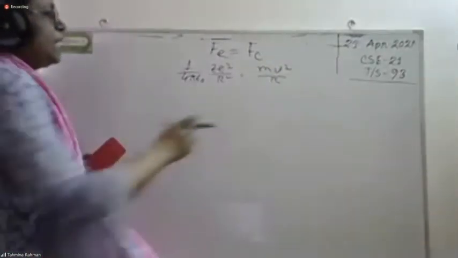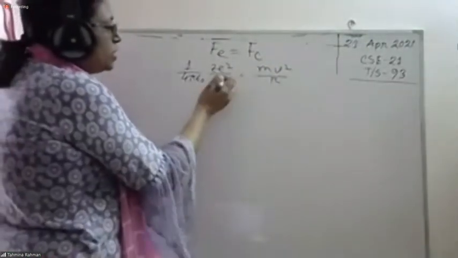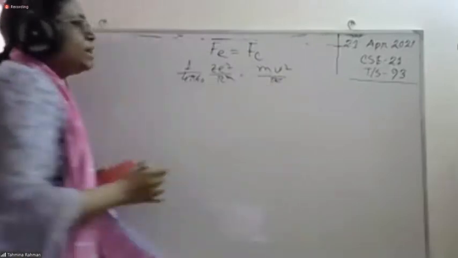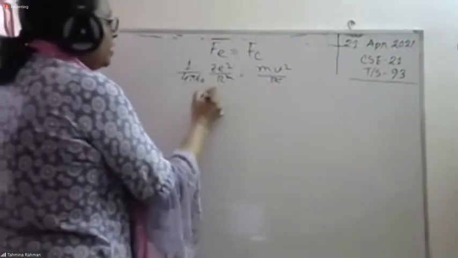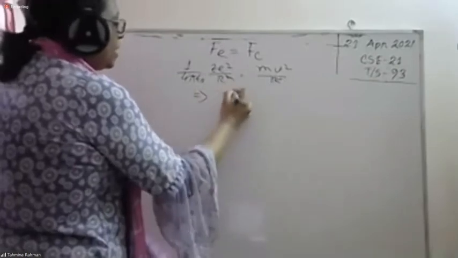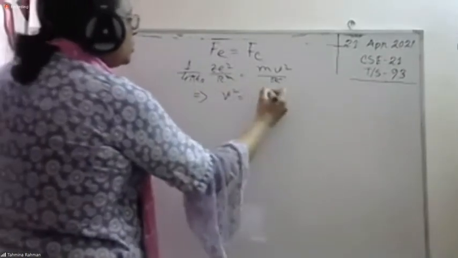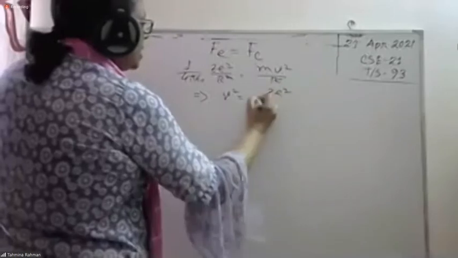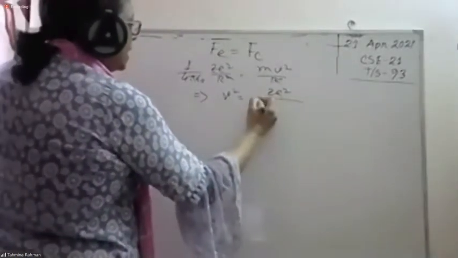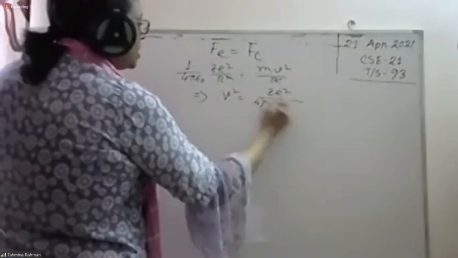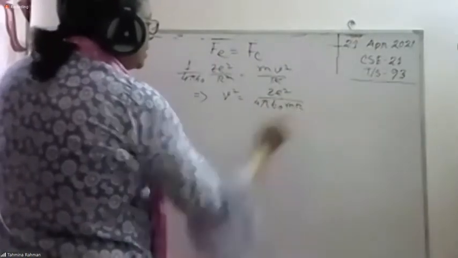From both sides, here is one r, here is r squared, so we can cancel r. Then we can write mv squared equals Ze squared by 4 pi epsilon naught r.